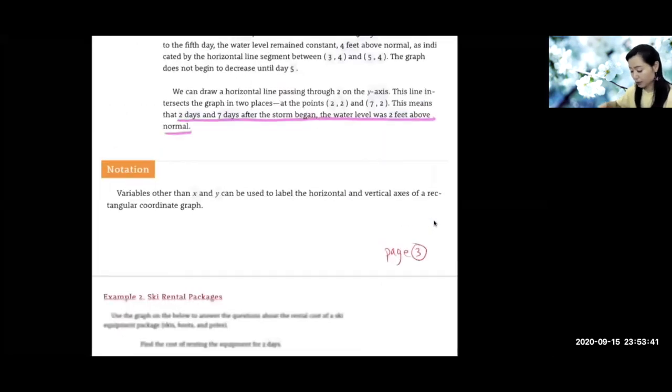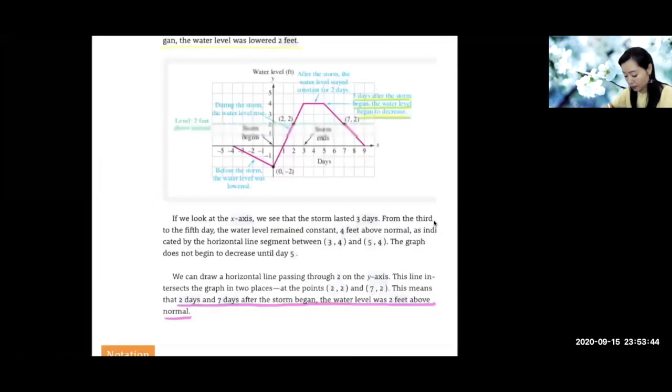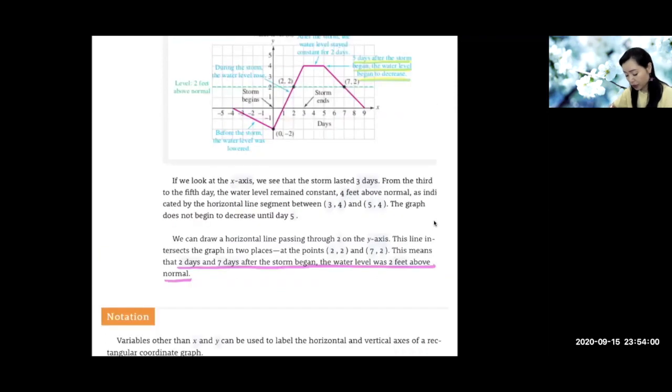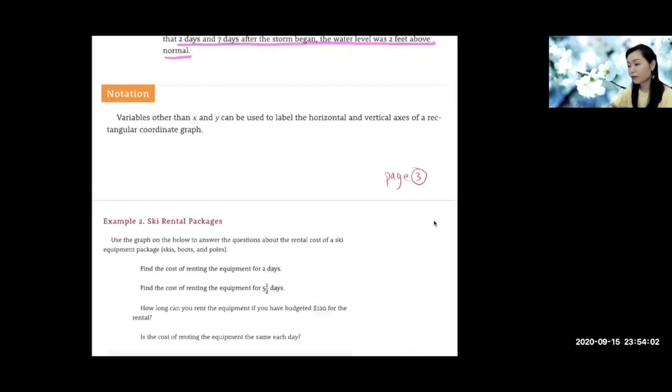Notice that over here, we used X to label the horizontal axis and Y to label the vertical axis. Sometimes it's not necessary to use X and Y to label the horizontal and vertical axes.